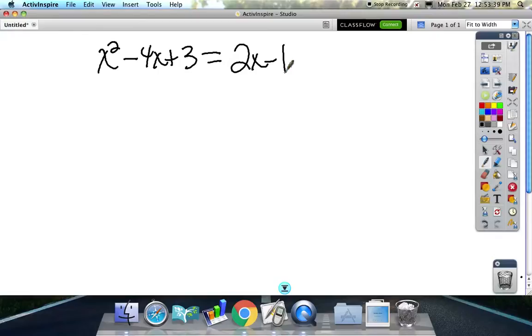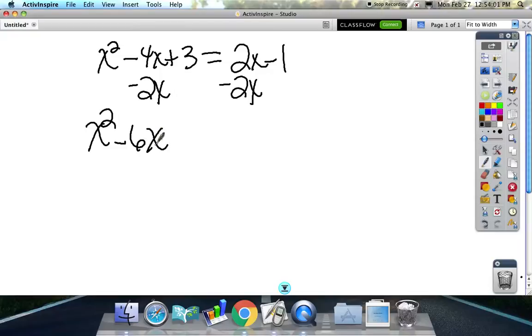Now, what do you imagine I would do at this point? Subtract 3. Add 1. I'm going to get everything on one side. I'm going to subtract 2x first, and then I'm going to add 1.